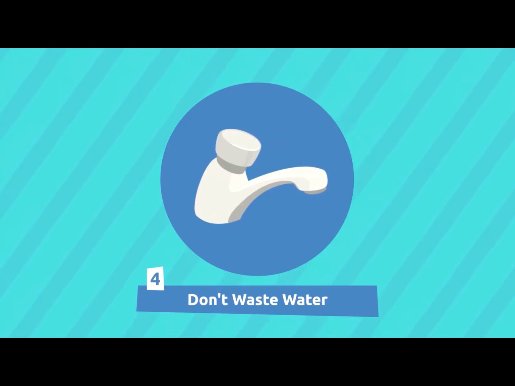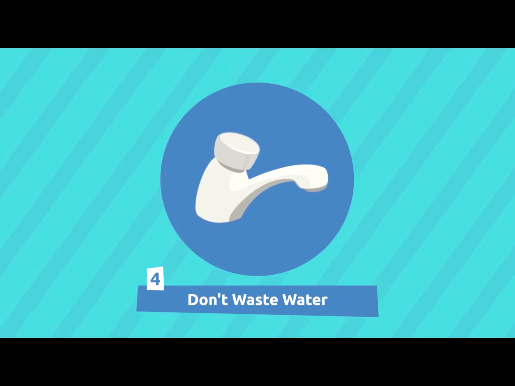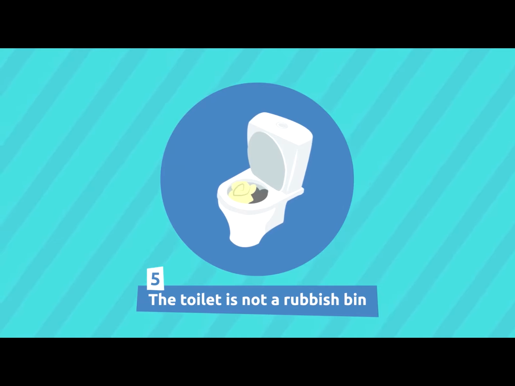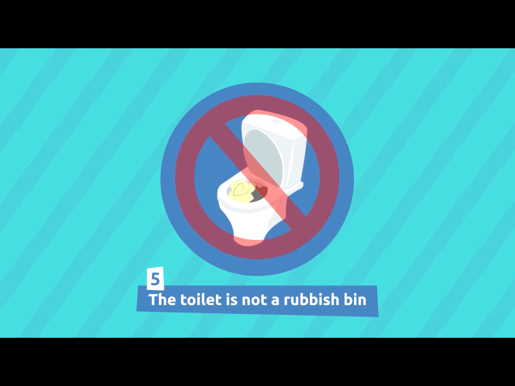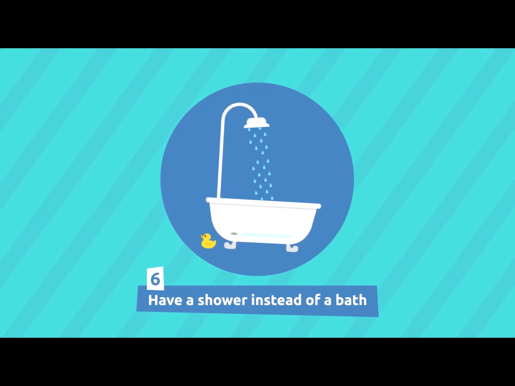To avoid wasting water, make sure taps are completely turned off. The toilet is not a rubbish bin. Did you know that we waste 10 liters of water every time we flush the toilet? Have a shower instead of a bath.